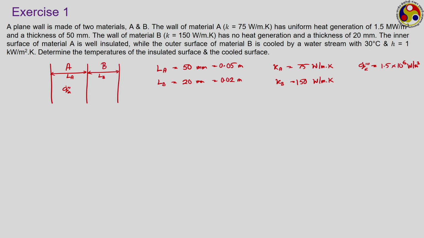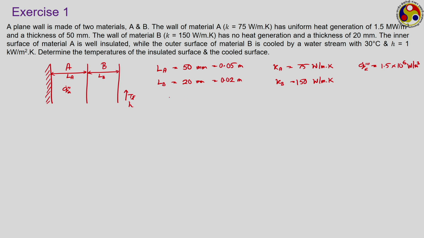Now, the inner surface of material A is well insulated. So, this side is well insulated, no heat transfer across this, while the outer surface of material B is cooled by a water stream at 30 degree Celsius and h equal to 1 kilowatt per meter square Kelvin. So, on this side you have a fluid flowing with temperature T infinity and heat transfer coefficient h.